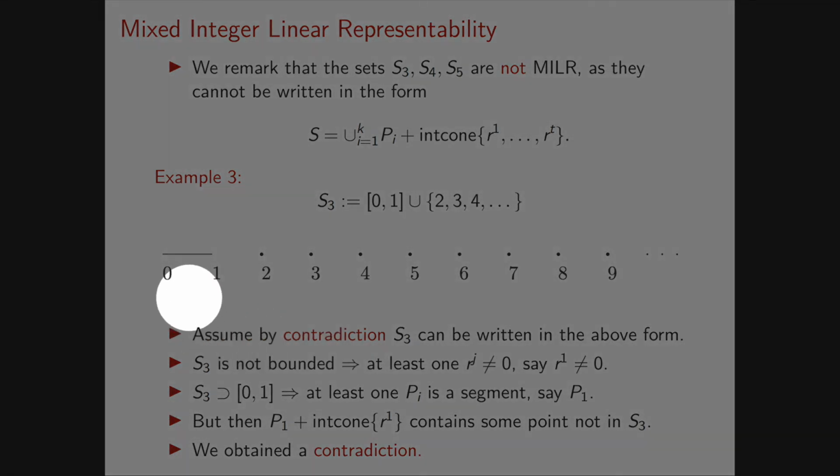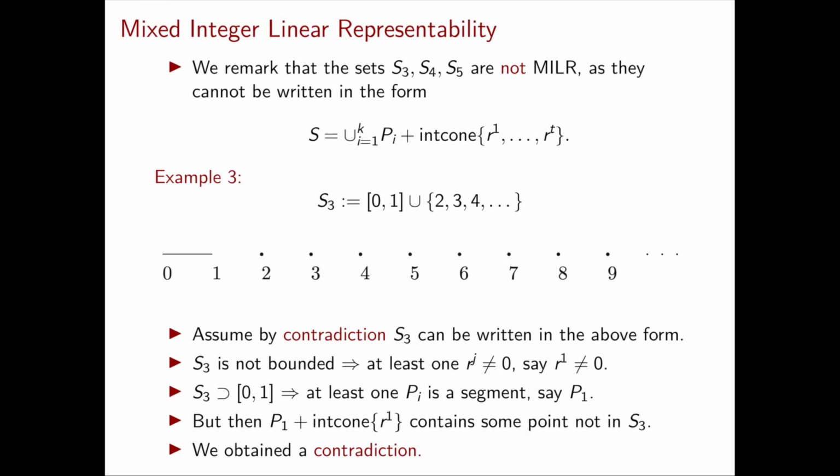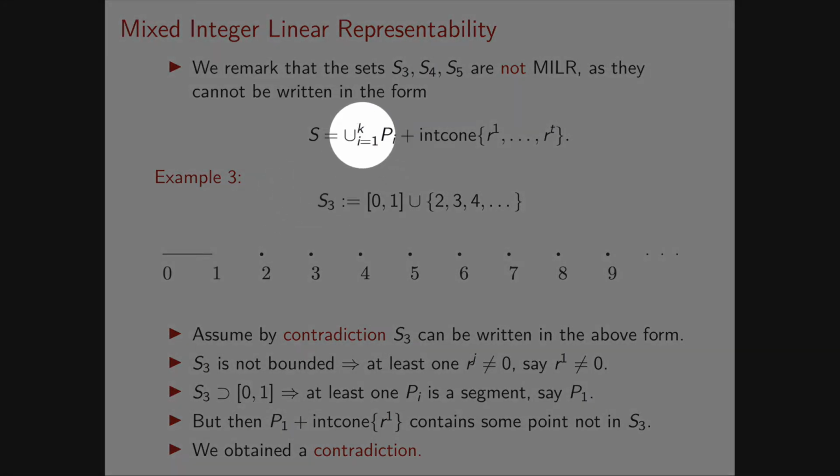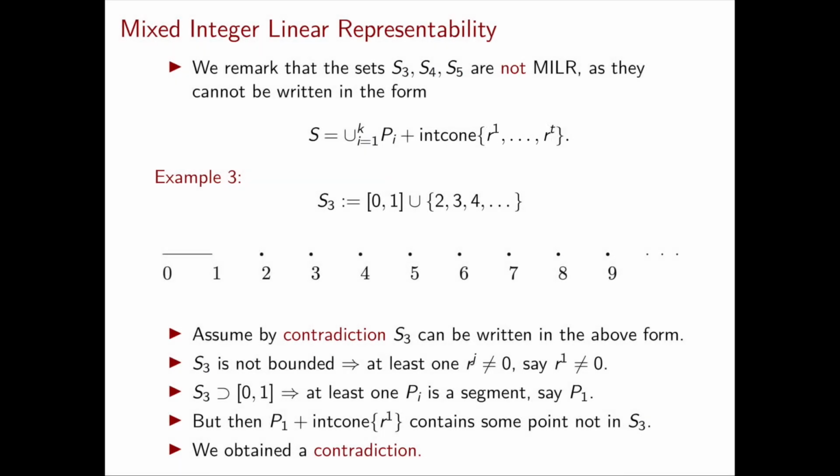Secondly, we note that S3 contains this segment between 0 and 1, which means that at least one of the Pi must be a segment. In fact, you can easily check this because if they're all not segments, they're all points, and points plus the integer cone of integer vectors, you just obtain a bunch of points with no segment whatsoever.